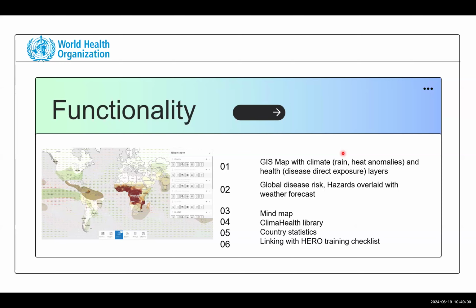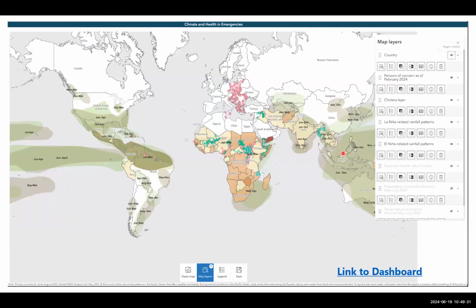And at the moment, we have different components, of this would be the mind map area. And then we're also working with the climate health team to be able to loop in their library of useful resources into this platform instead of generating this from scratch. We'll also have country statistics within this platform, and we'll link this to different training checklists for different emergencies around the world. So this is a screenshot, again, screen grab of what is already on the platform.